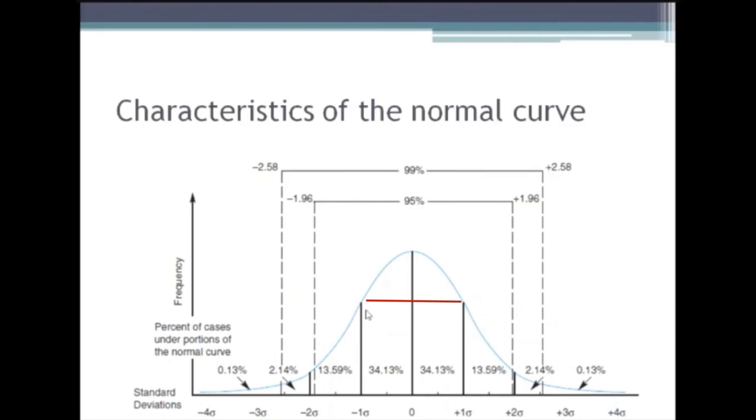And there is an inclined straight line, which accounts for around 13.59% of the area. If you move from 0 to the area where the straight line ends, you will find a total area that is the accumulation of 34.13%, which is the dome area, and the straight line area.